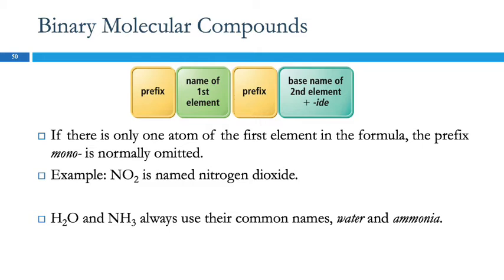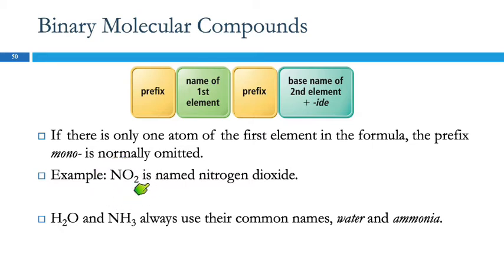If the first element is only 1, we frequently leave out mono. So if you observe that, and you're like, wait, there's only 1, it should be mono. The first one, it's usually left off. I got no real explanation for that one.